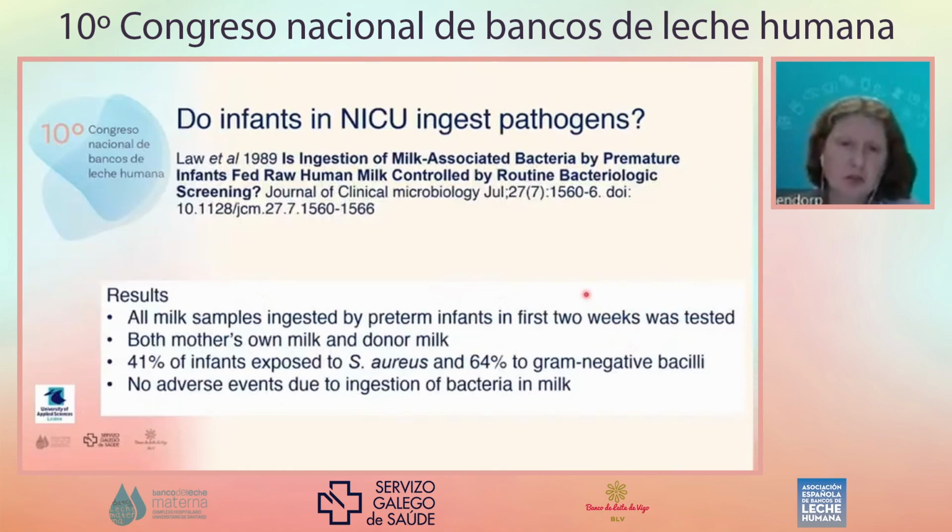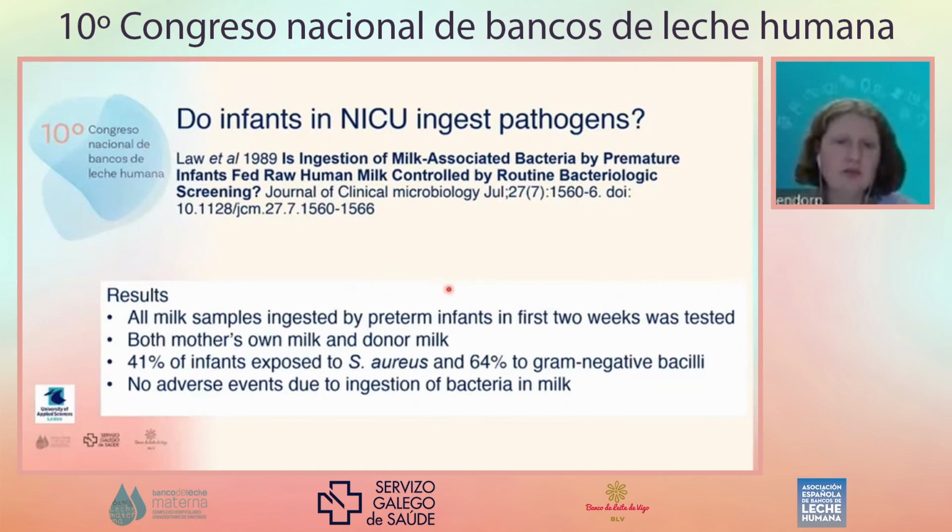I also found this paper, which is really interesting because it's quite old, from 1989. What they did is they checked every milk sample that was digested by preterm infants in the first 2 weeks of their life. And of course, there were also infants who received their mother's own milk, and usually this is not tested or pasteurized at all in milk banks.